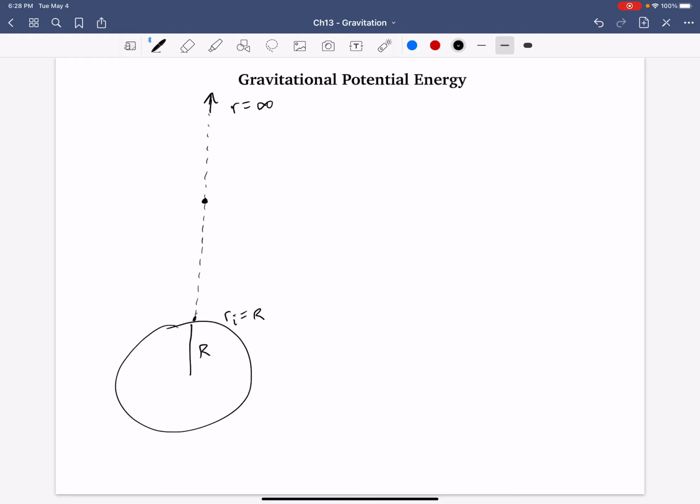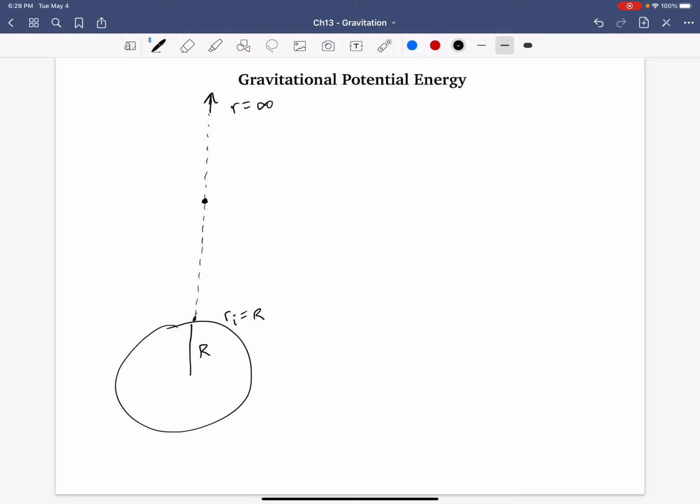This differs from chapter 8 in that now, at these great distances, the force of gravity way out here is not constant, because we're at a substantial distance away. Remember, the force of gravity is a field force.